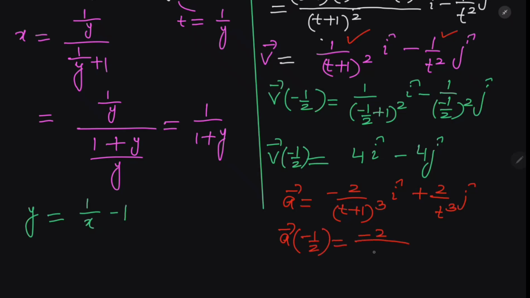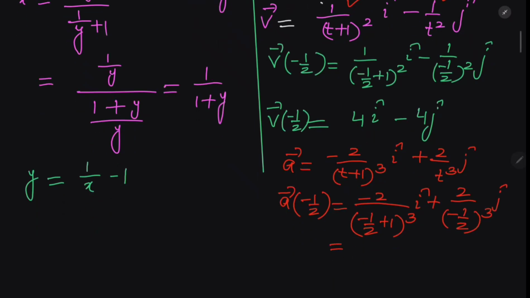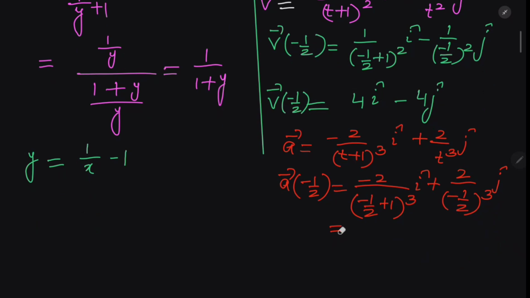We put that value over here, minus 2 over minus 1 by 2 plus 1 cube i plus 2 over minus 1 by 2 cube j. And finally, after putting that, we get minus 16i minus 16j. Okay, so this is the acceleration at minus 1 by 2.